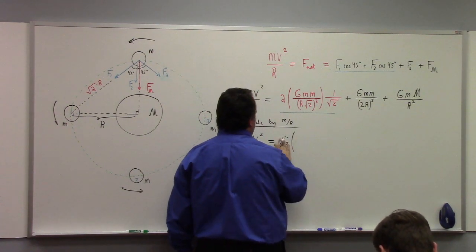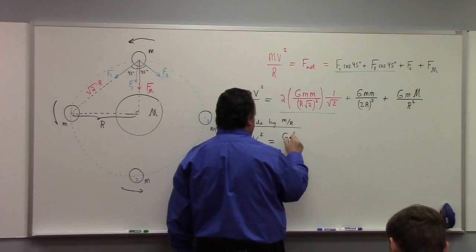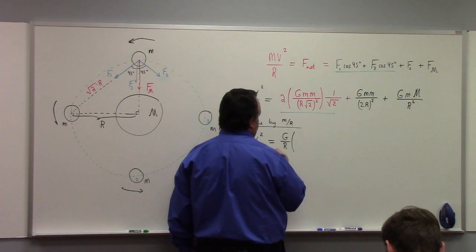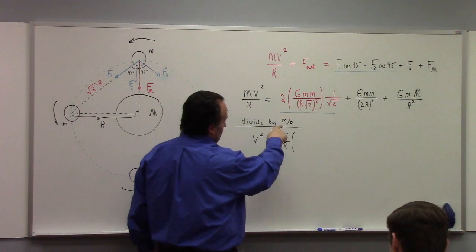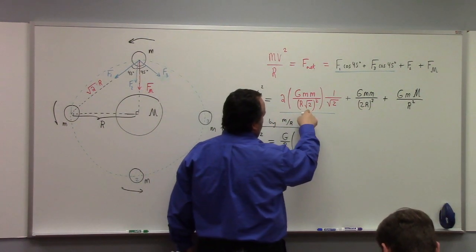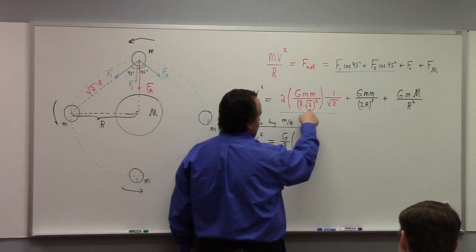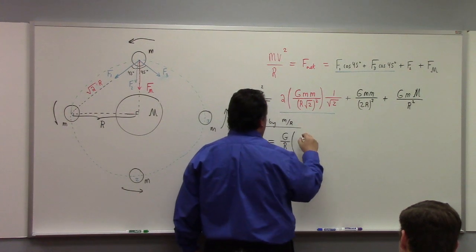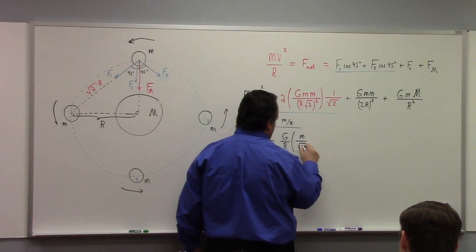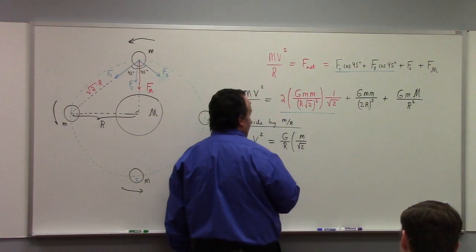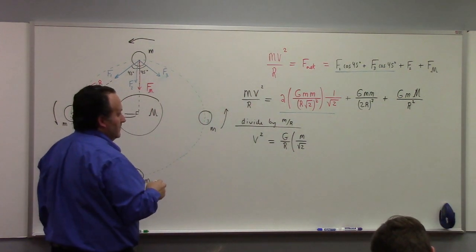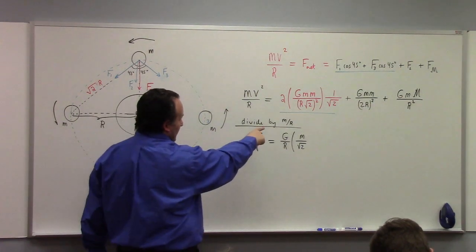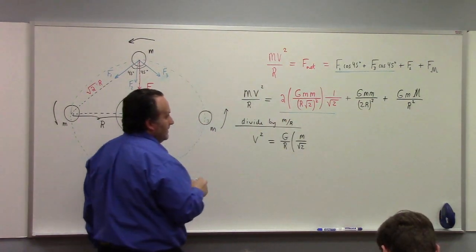Oh, I guess I can factor out G over r, right? Let me factor out G over r. All right, so what I've got then, this root 2 squared cancels that 2, and I'm left with m over root 2, I believe. I pulled the r out. I divided this by m over r. Yeah.